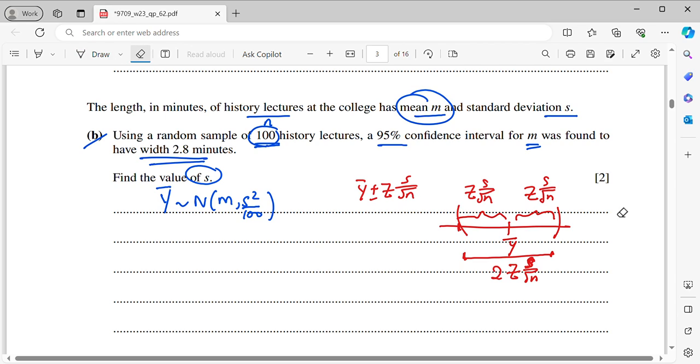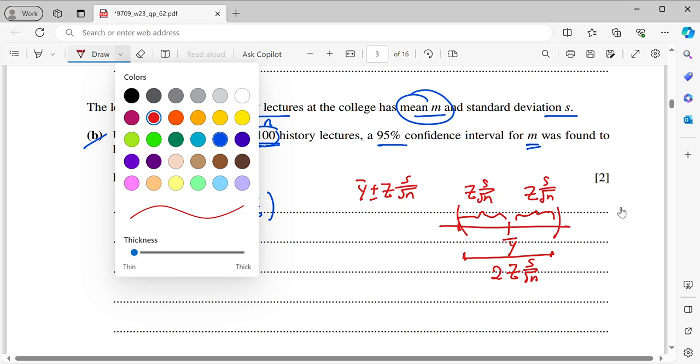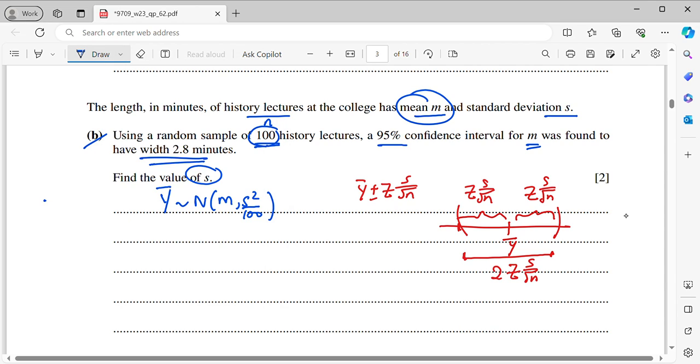Okay, so then just replace the values. So I will be getting width equals 2.8. So 2 times z s over square root n will be 2.8. And again, this is 95%.